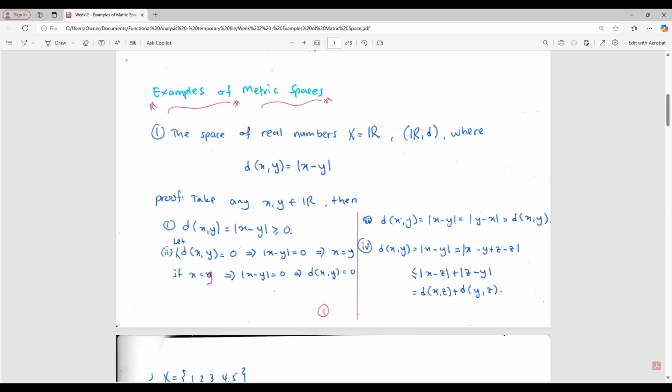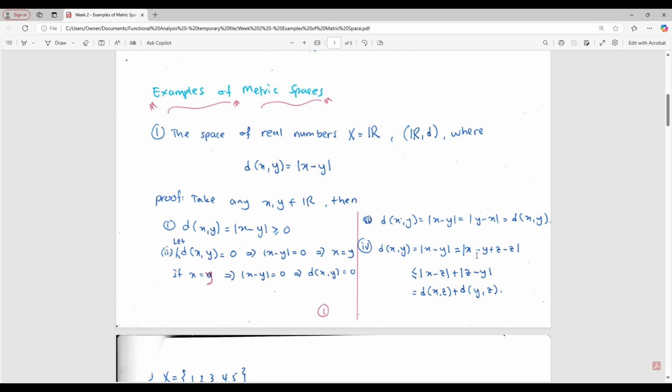Okay, the last one is the triangle inequality. So we are going to start with the metric of x and y, which is equal to the absolute value of x minus y here. So in this case, I'm going to add a dummy, plus z minus z.